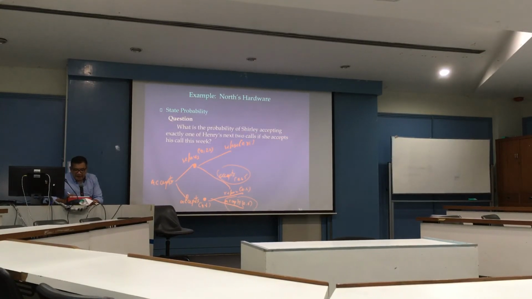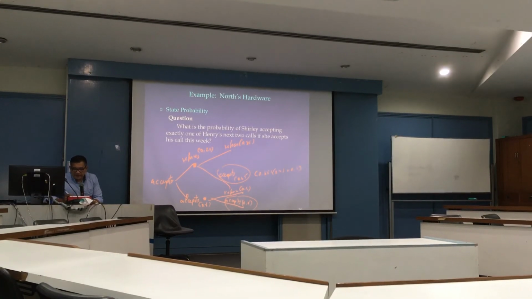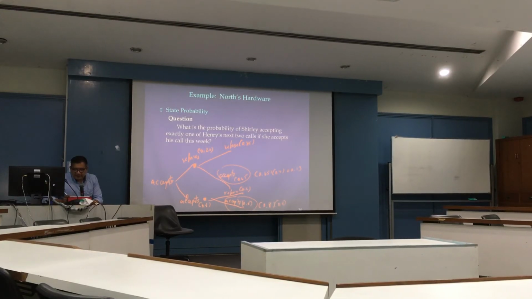This one you have 0.65 multiplied with 0.2, which is 0.13. This one you have 0.8 multiplied with 0.8.